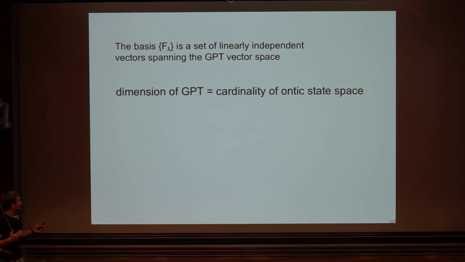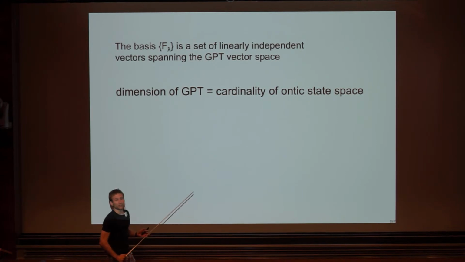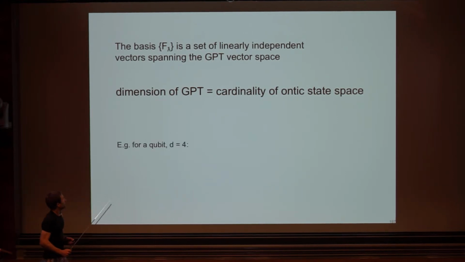So suddenly, we have this massive restriction on the scope of possible hypothetical ontic state spaces if you're committed to non-contextuality, or equivalently just to there being an ontological model for your GPT. Then the number of ontic states, when you consider transformations, has this really strong restriction. And so for a qubit, for example, the GPT dimension is 4.